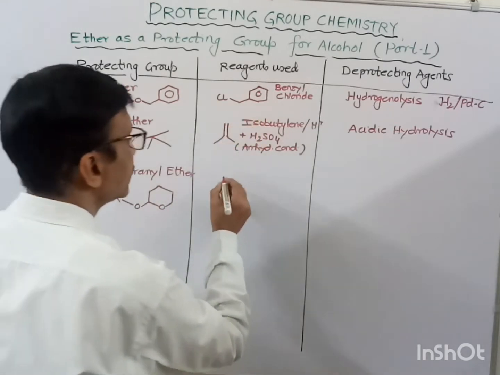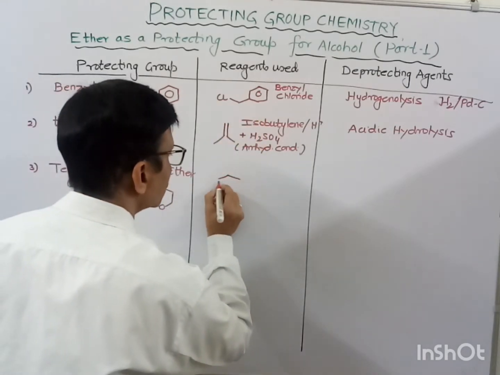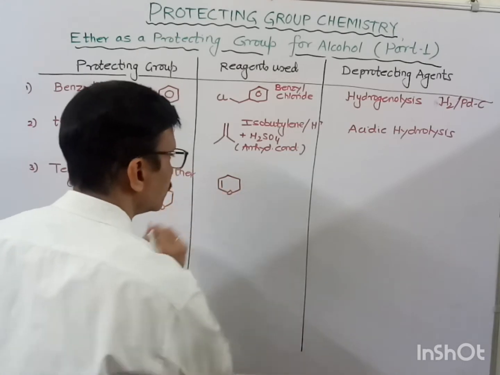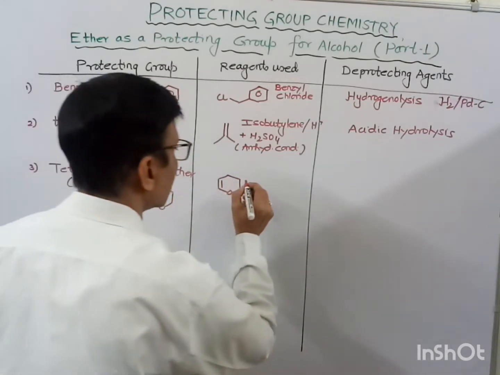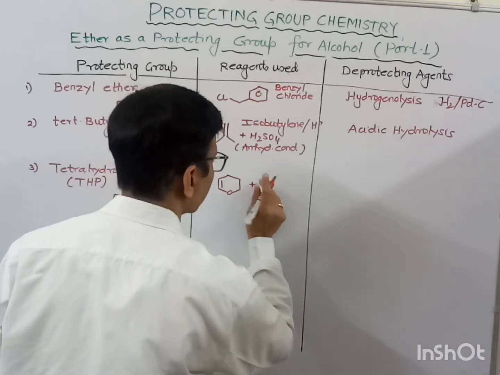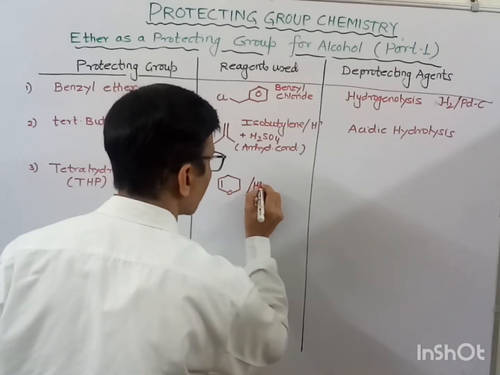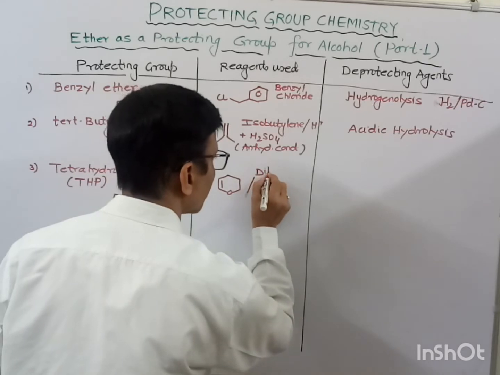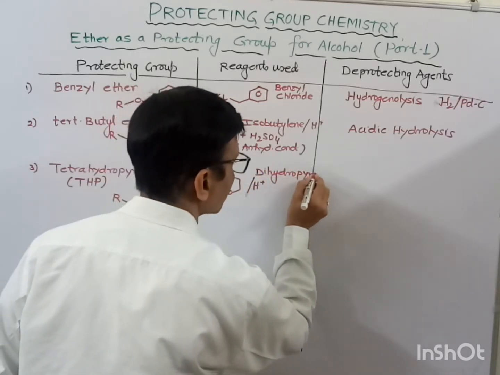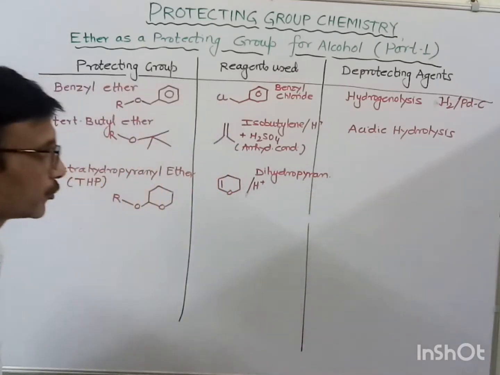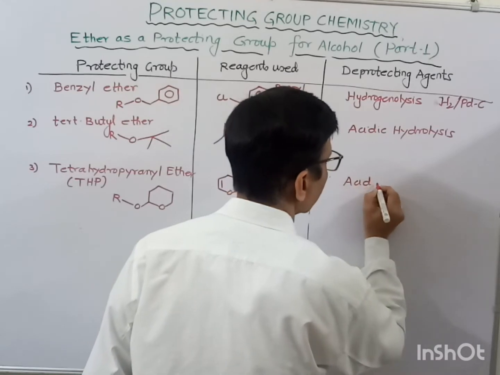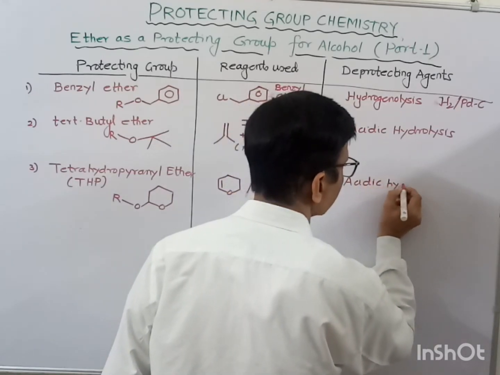For this, the reagent used is dihydropyran in acidic condition. And to deprotect it, we may do the acidic hydrolysis.